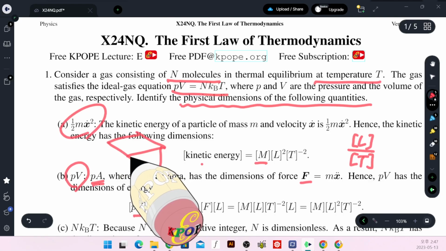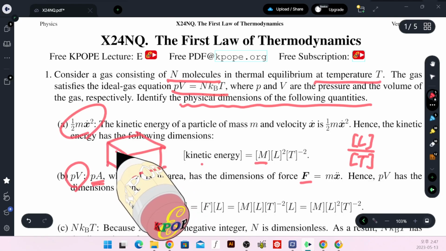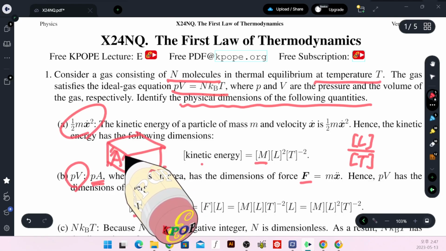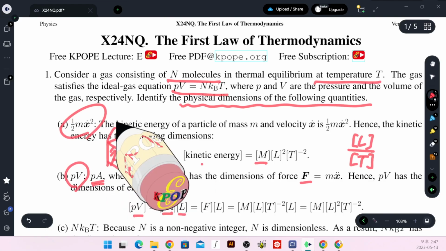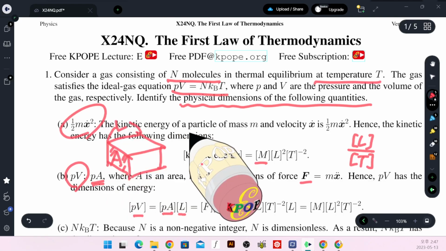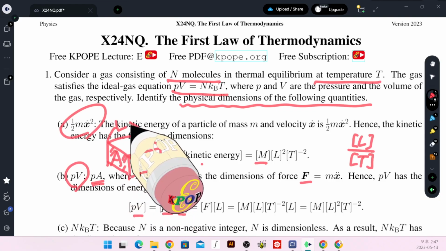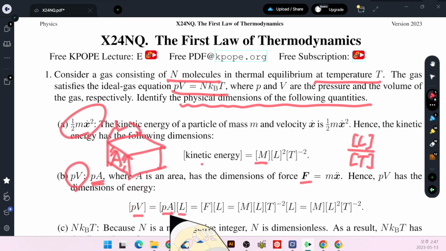If we consider a box with the cross-sectional area A and width or height L, the volume is A times L. Therefore, PV can be expressed in terms of PAL.